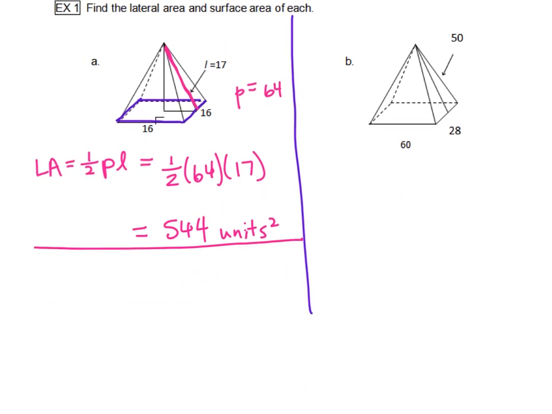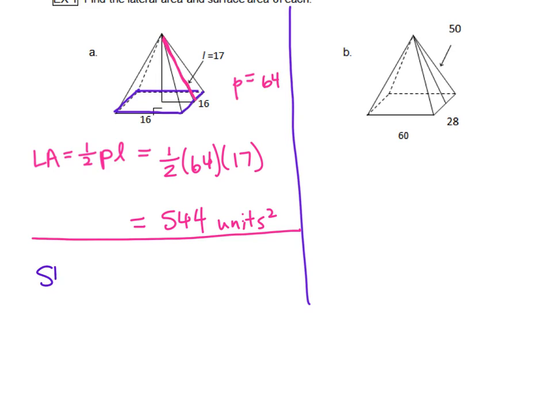Now surface area, because I just found the lateral area, I'm going to just use the shortcut one. It's the lateral area plus the area of the base. All right, well, the lateral area is 544, so we already know that. Now the area of the base, so we go up here and we look at the base. It's a square, and each side is 16.